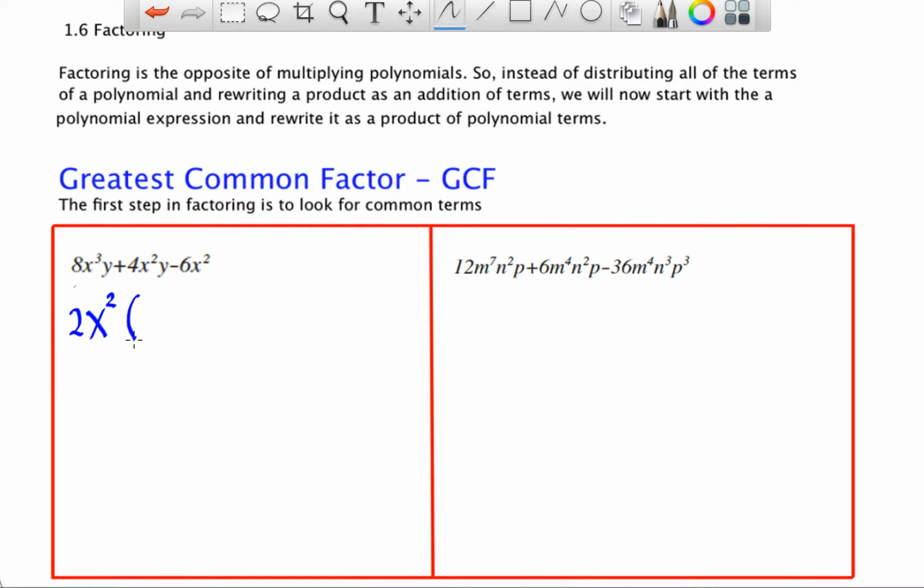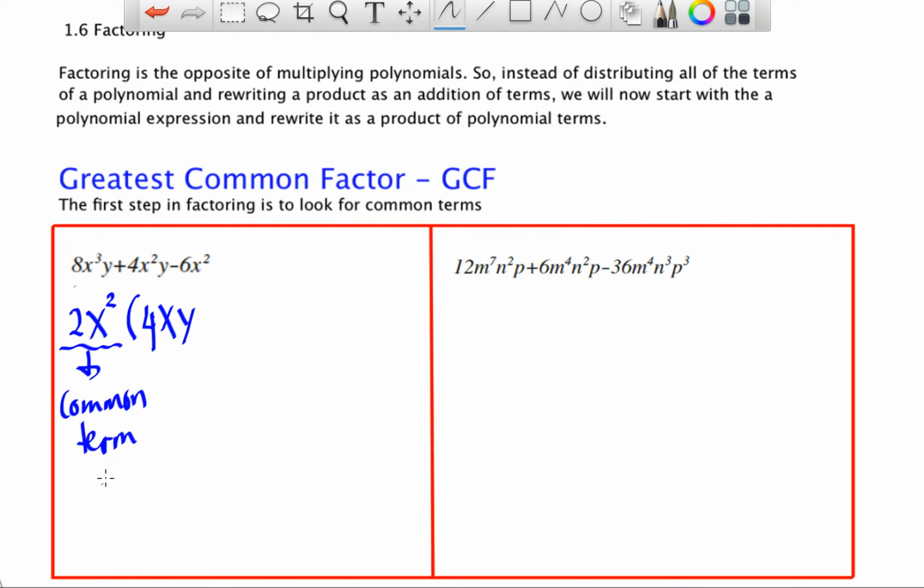Okay, so what do you have left then? Well, 8 divided by 2 is 4. If we have an x cubed and I have an x squared that I took out, then that should leave an x over here. And the y did not end up as part of the common term. So again, this is our common term, right?